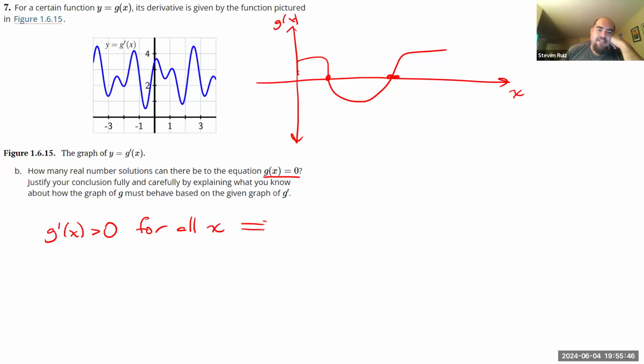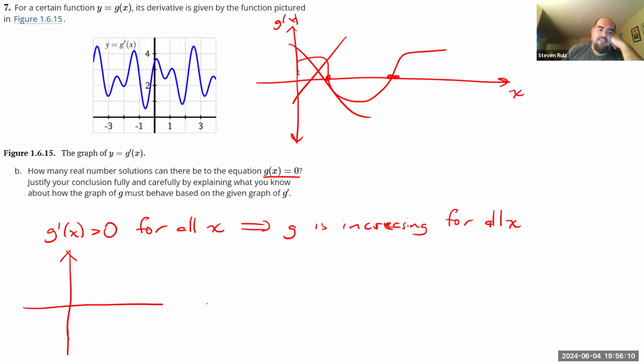Well, that means that g is increasing for all x. If we have a function that's always increasing, I think now I can safely say that our function g does not have a graph that looks like this. Our function g has to have a graph that looks like this.